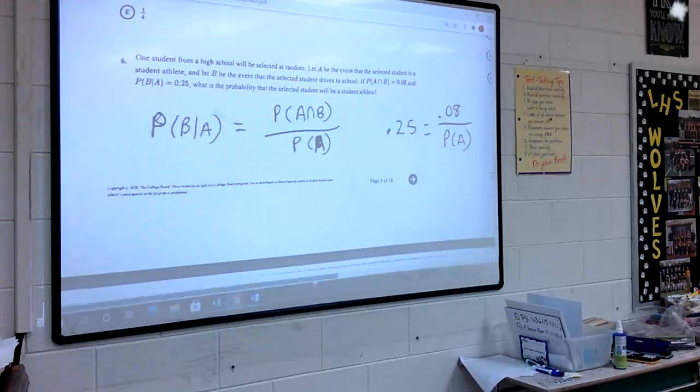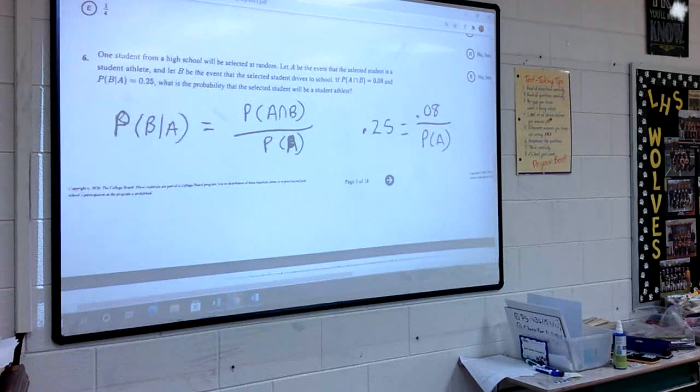So the information that we have is that the probability of B given A is 0.25, so I plug that into the formula. And we know the probability of A and B is 0.08. So we just need to solve for the probability of A. To do that, you're just switching it basically with this. That's how you're able to solve that.